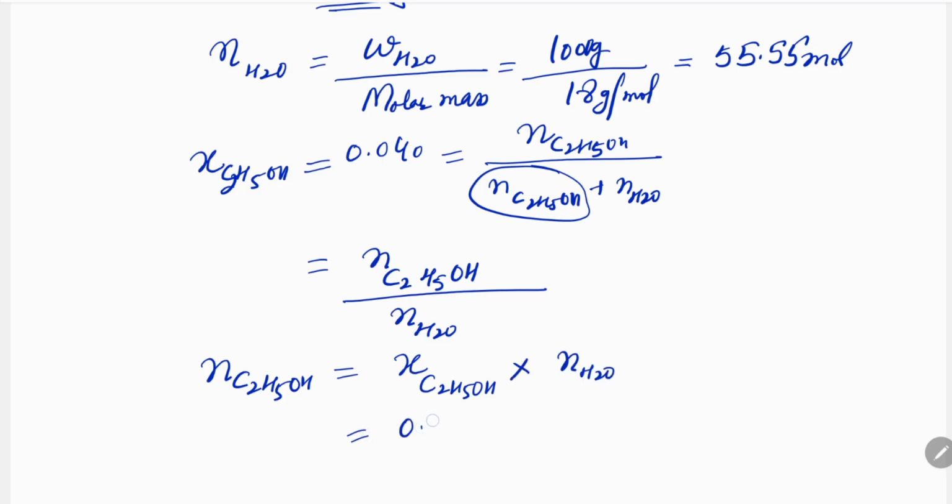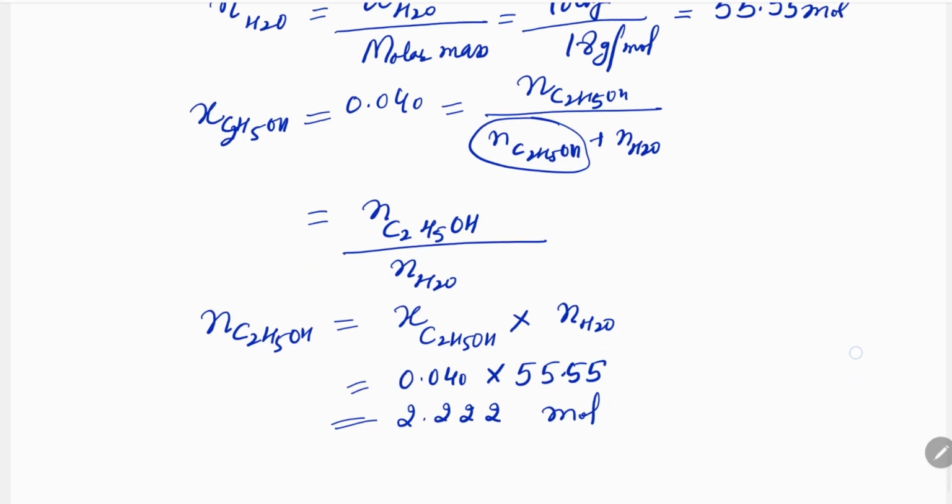Mole fraction was 0.040 and number of moles of water was 55.55. When we multiply it, it comes out to be 2.222, 2 is going to repeat itself, okay, like this. So this many moles of ethanol are present.